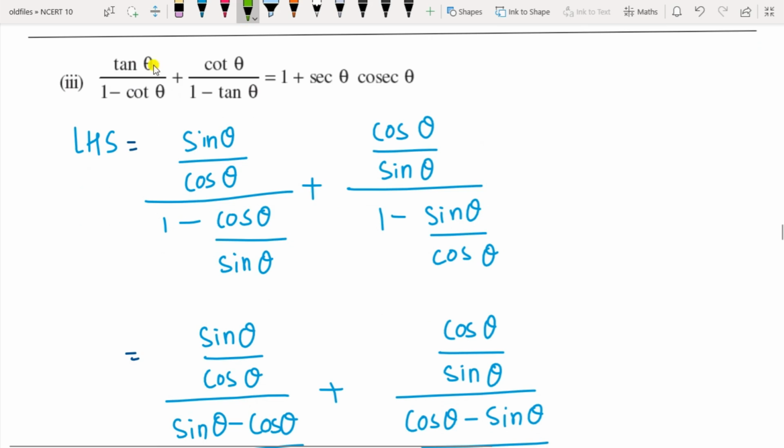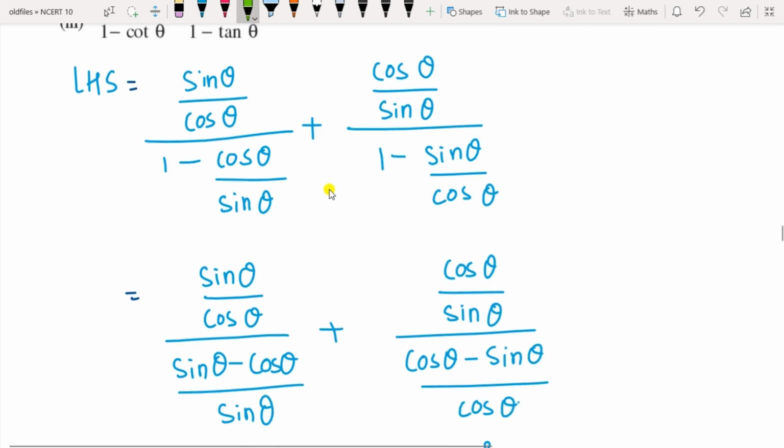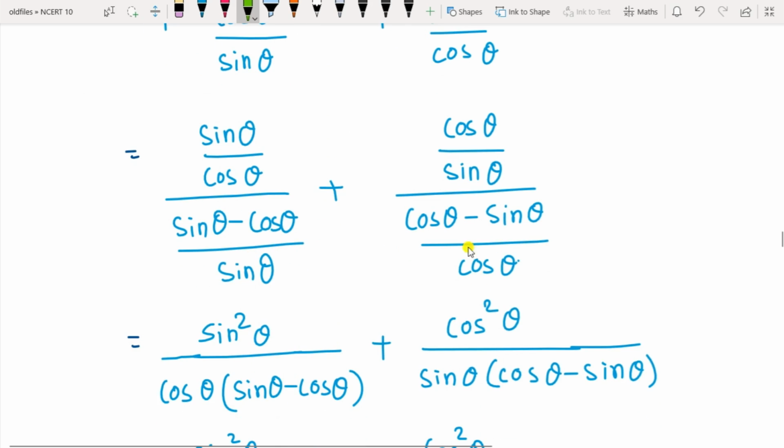Tan theta upon (1 minus cot theta) plus cot theta upon (1 minus tan theta). So you have to prove this. Now in place of tan you substitute sin upon cos, and in place of cot substitute cos upon sin. Okay, so this will be your expansion here. Now take the LCM of the denominator in both the terms and bring it to the numerator.